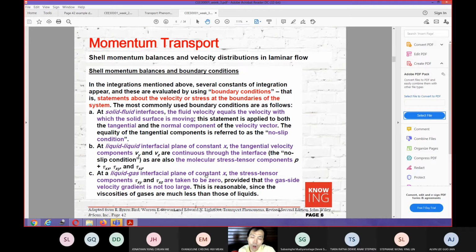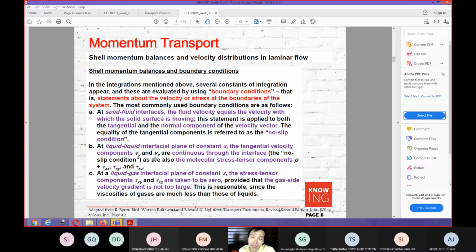So the three most common conditions for momentum transport: first, at solid-fluid interfaces, the fluid velocity will be equal to the velocity at which the solid surface is moving. So if your solid surface is not moving, that means the velocity of the liquid directly exposed to that solid surface will be 0. Okay, so that is something that we call a no-slip condition.